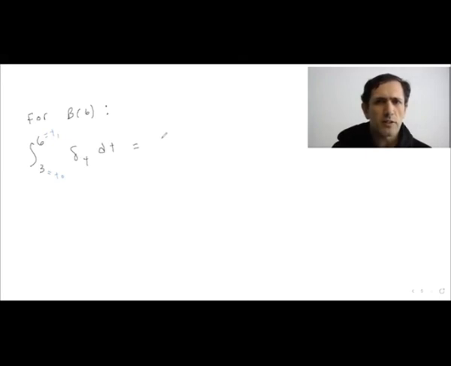So anyway, this is, again, a nice easy integral. This is going to be t over 10 dt. So t squared over 20, from 3 to 6. So it's going to be 6 squared minus 3 squared over 20.